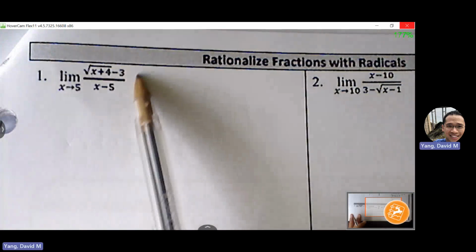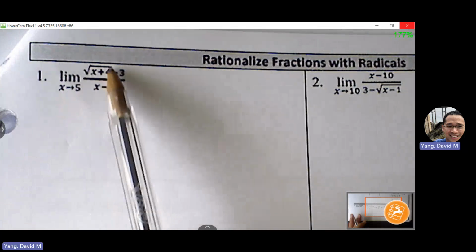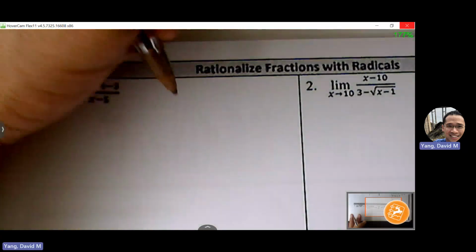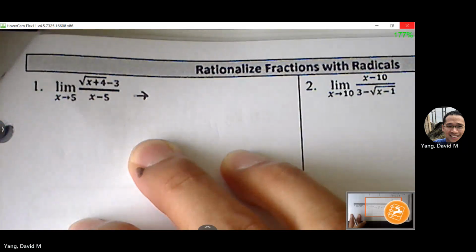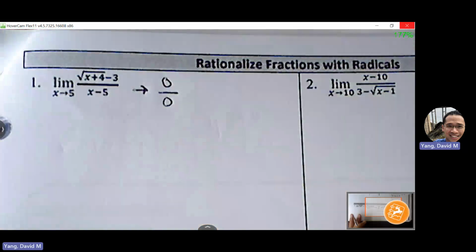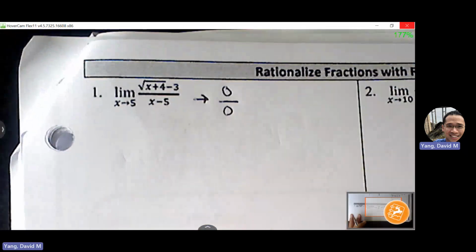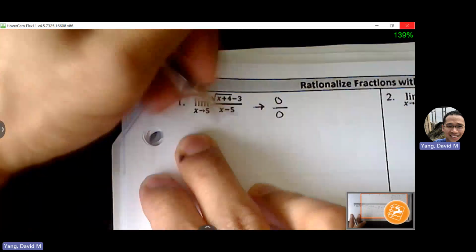But first things first, right? We have to make sure that we understand what category we're working with. So let's do direct substitution. If I insert 5 in for x, what do I get? Numerator, I get 0. Denominator, I get 0. Okay, I know there's a hole. I know that there is something that's preventing me from getting a real number out of it, but I know the limit does exist.